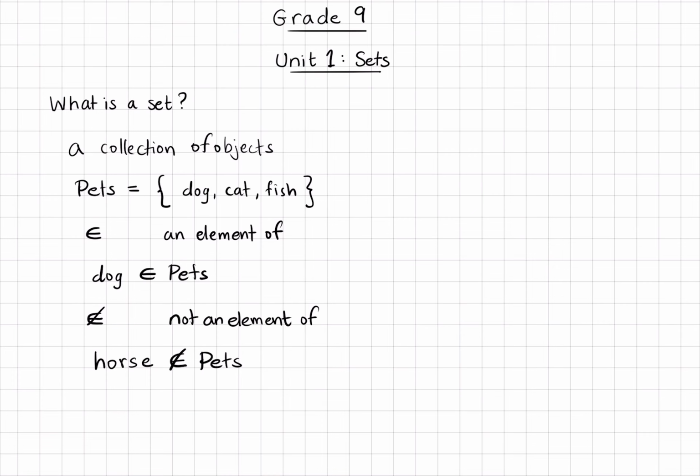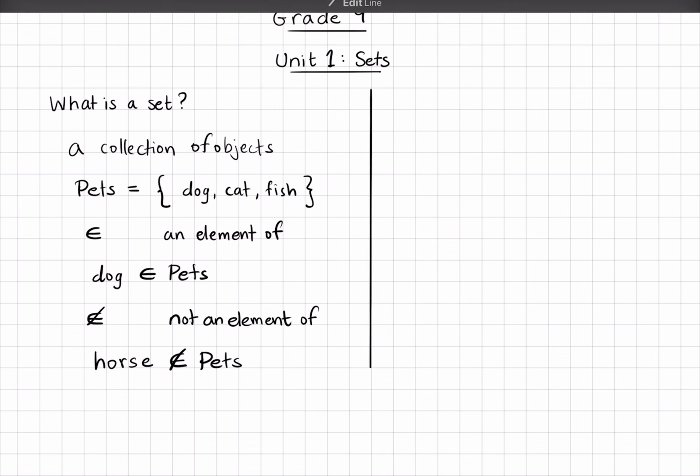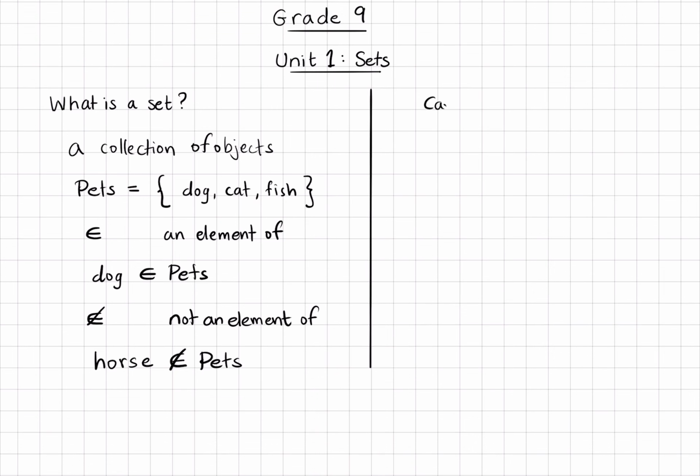The next thing I want to talk to you about is something called cardinality. Now, what is that? This word basically means the number of objects that I have in a set. And the symbol I use for that is n of my set, which I'm still using the set pets right now.